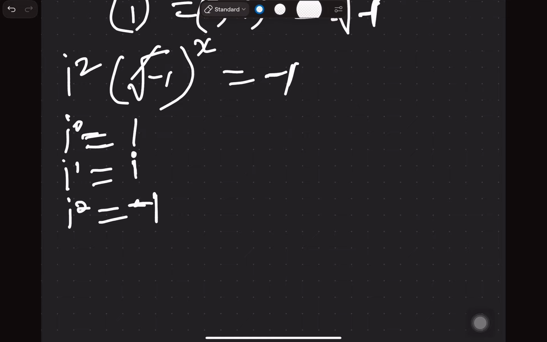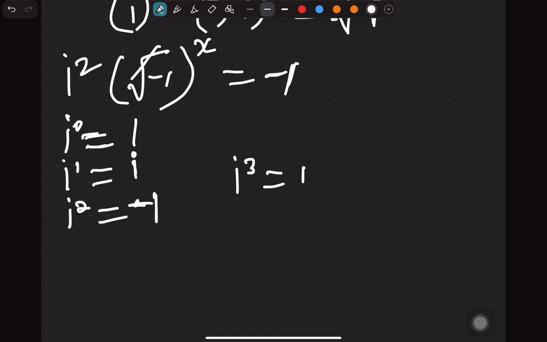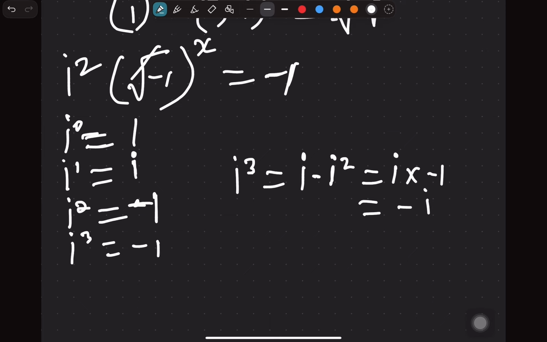Then we can continue with i to the power 3, which is i multiplying i squared, which is equal to i times -1, so we get -i. So i to the power 3 is -i.